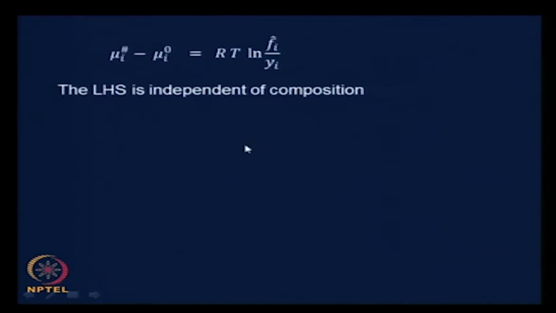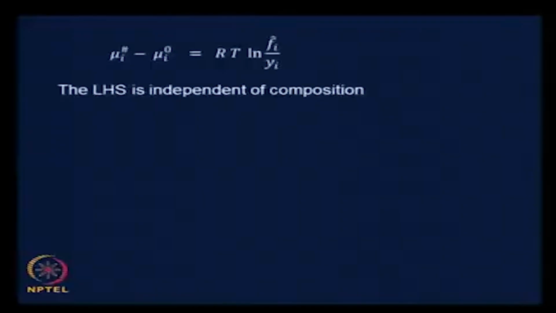Now note this argument a little carefully. We will be using this argument a few more times in this particular course. You see here mu I hash minus mu I naught, this is the left hand side of the equation. You know that in any equation whatever applies to the left hand side must apply to the right hand side. So, we will look at dependencies here. Mu I hash is a function of temperature and pressure.